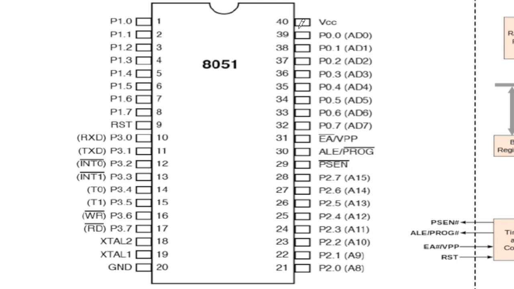Let's look at the pinout for this controller. So VCC is where you will connect your voltage supply. Here's the ground pin to ground the controller. The reset pin allows you to reset the operations of the microcontroller so that it goes to the very first line of code in your program and starts execution from there.